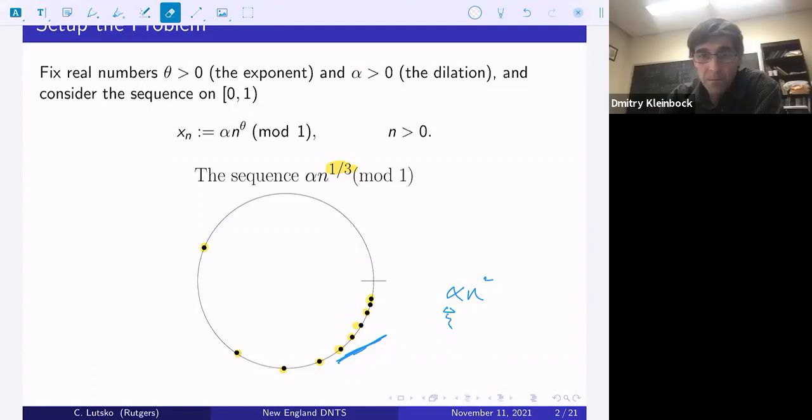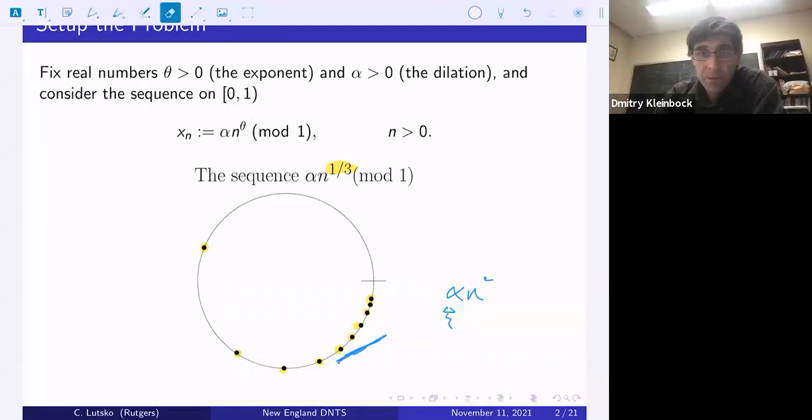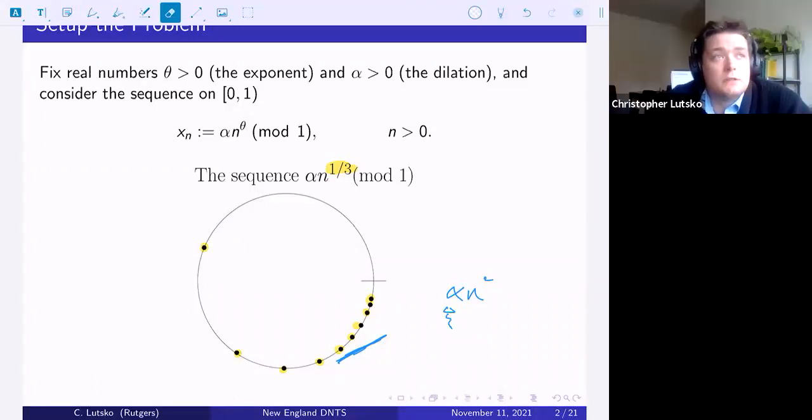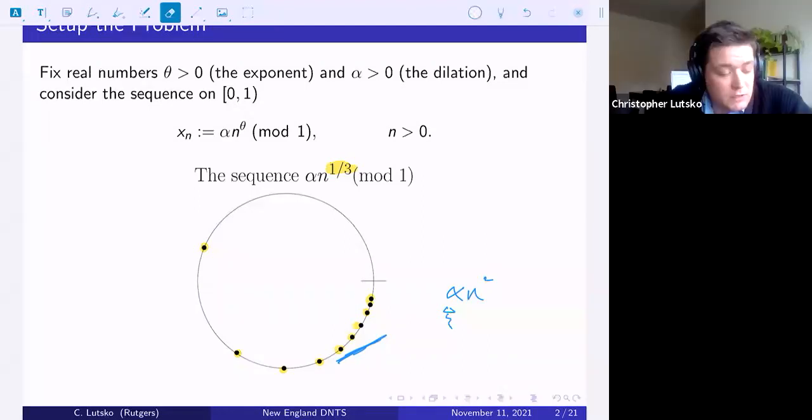Yeah, I guess. So maybe one more question, which is natural in this business. If you replace powers of n by primes, is anything known? Primes to the power theta, you mean? No, just a sequence of primes. Oh, a sequence of primes. Do you have some correlation results or anything? Not that I know of.